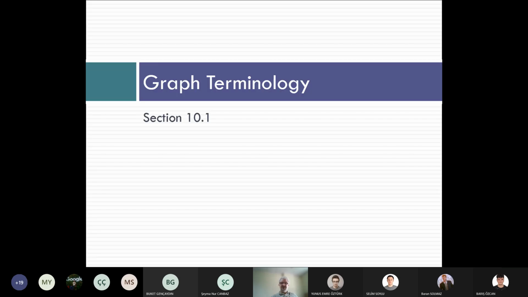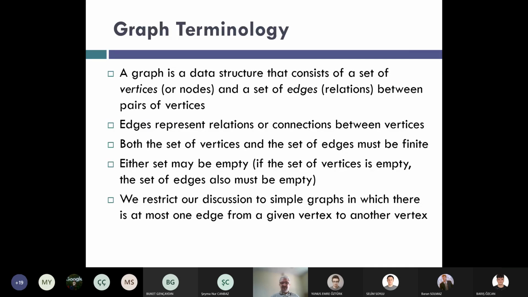First of all, we are going to talk about terminology, what a graph is and what kind of terms we use to describe graphs. Okay, a graph contains two sets. Actually, we usually represent a graph as two sets.